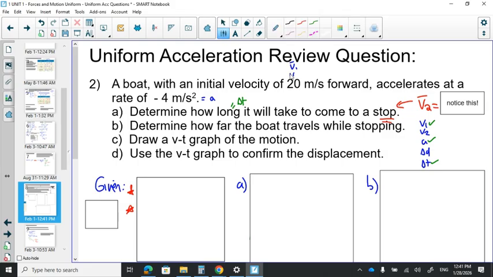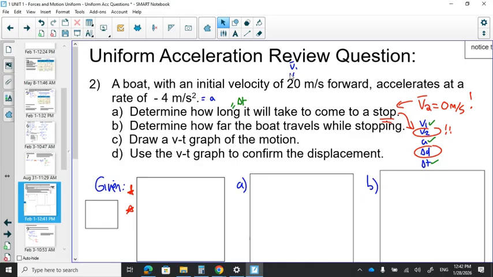Do I know the final velocity or the displacement? They certainly didn't tell you the displacement, but they did tell you that it comes to a stop, right? So this thing here is 0. Maybe you notice that while reading the question and put down v2 equals 0.